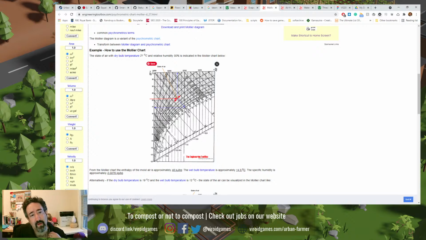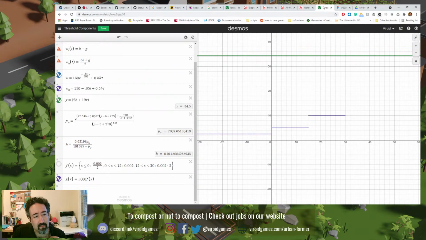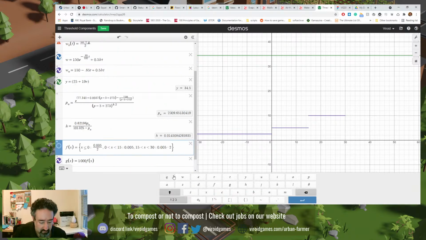Well, I suppose I could actually be a bit more granular. Between 15 and 0, we are actually here. And we could actually do one more here.